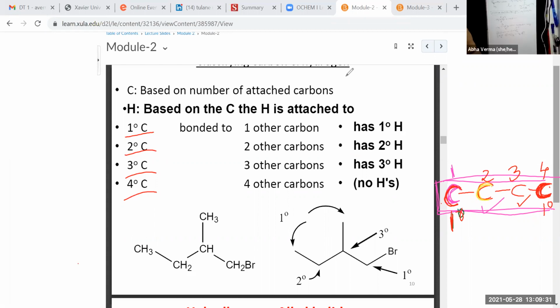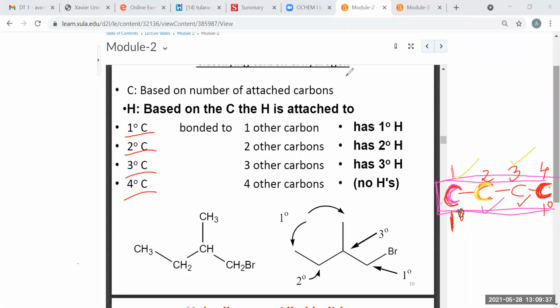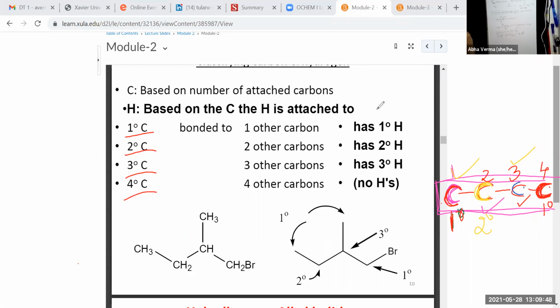What about this C2? How many carbons is this C2 attached to? It is attached to two other carbons, which is a secondary location, classifying this carbon as a secondary carbon. Because that carbon right there is attached to two other carbons, that carbon alone is a secondary carbon?